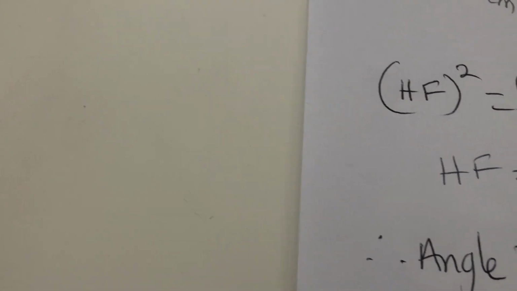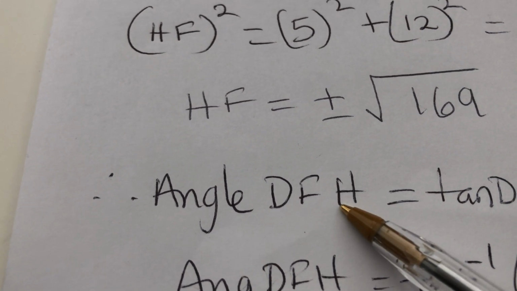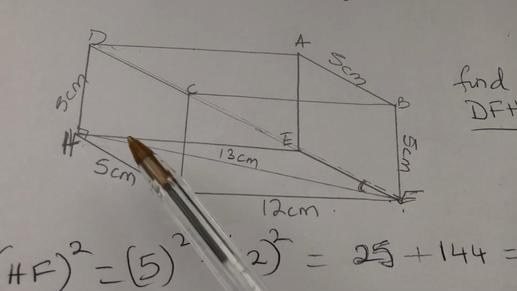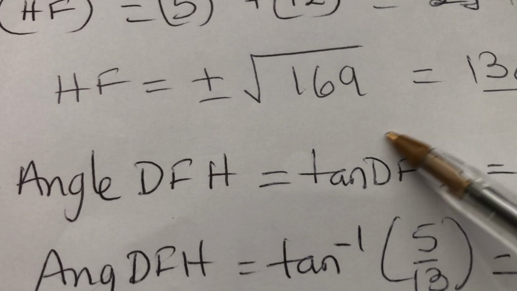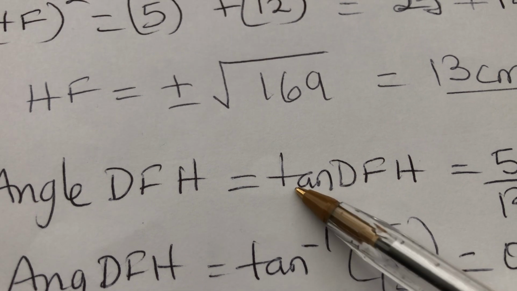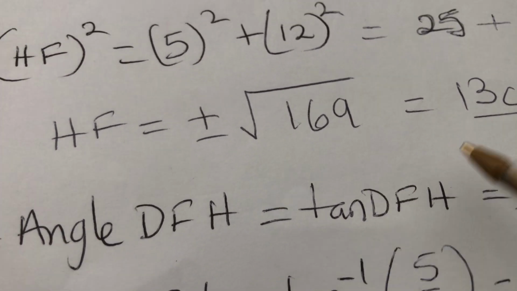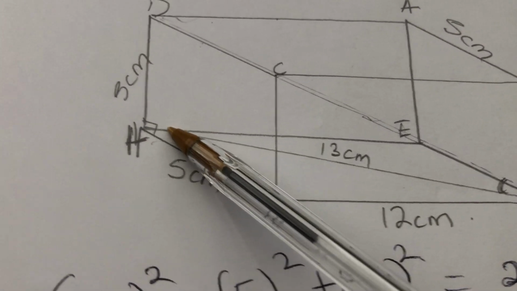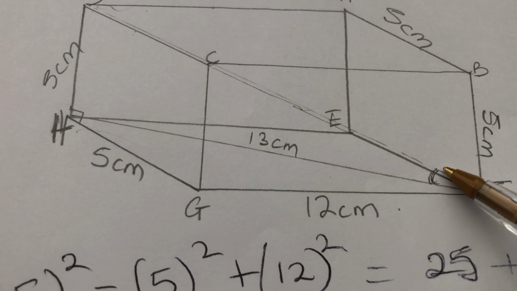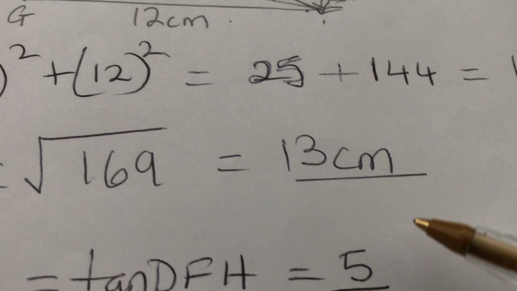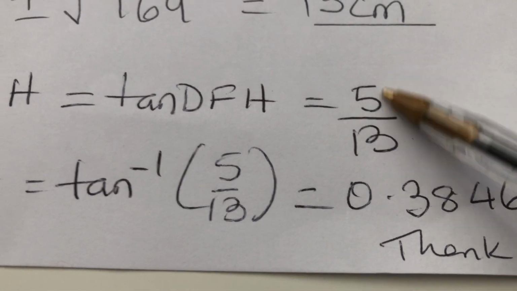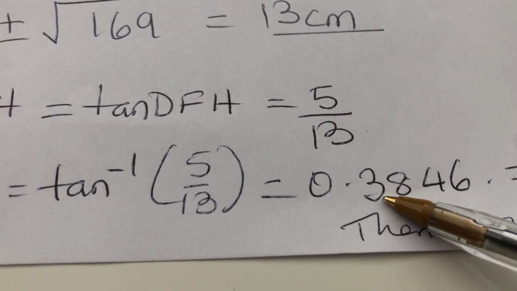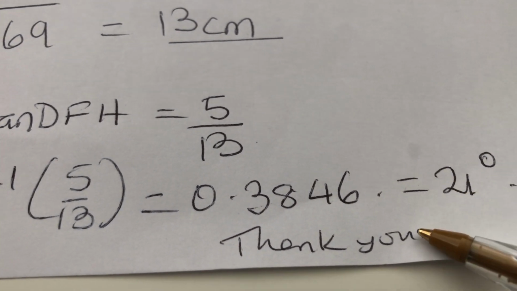So the angle DFH, this angle we are supposed to find, the tan of that angle equals the opposite, 5 centimeters, divided by the adjacent, 13. 5 over 13 gives 0.3846.